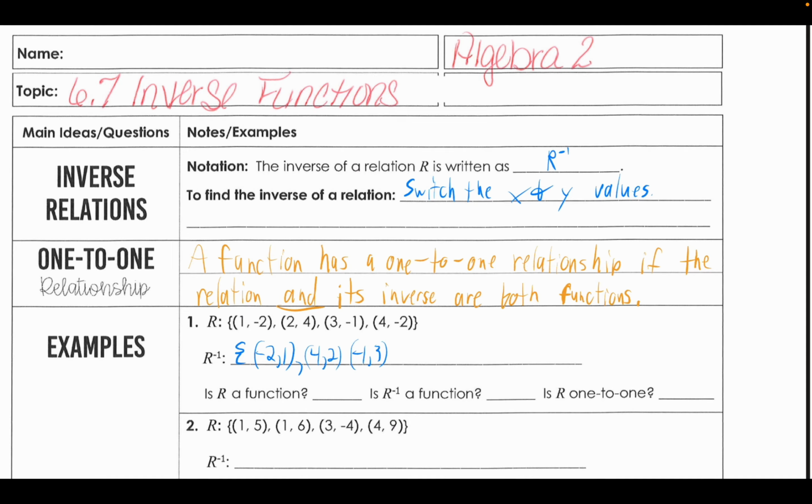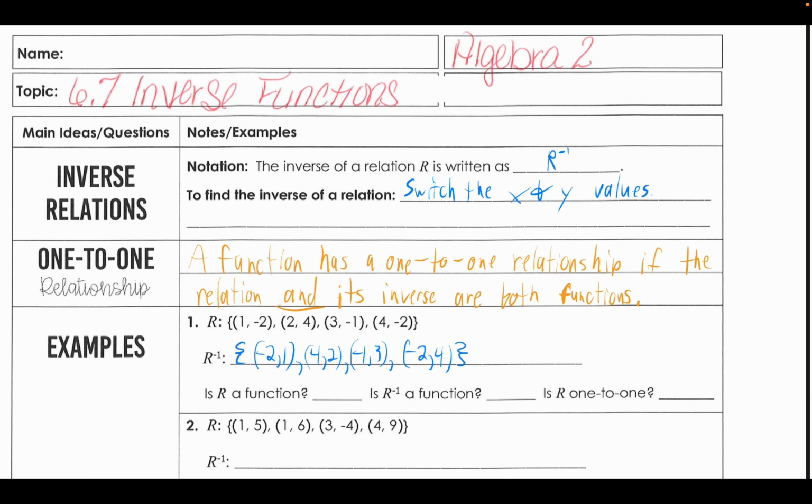And I should be putting commas between these ordered pairs. And -2, 4. Now notice I didn't necessarily concern myself with the fact that they were least to greatest for x for the new x values, the old y values. Technically, should I, when I'm ordering a relation? Yes, but for the purposes of just making the inverse relation, this is sufficient.